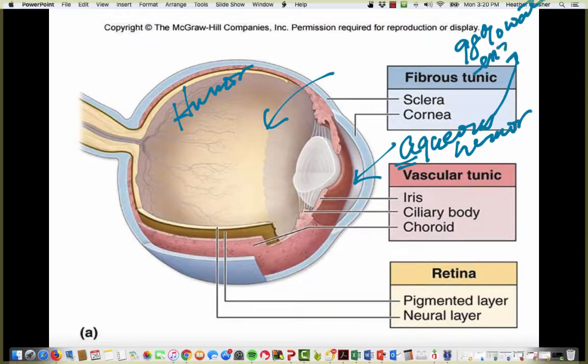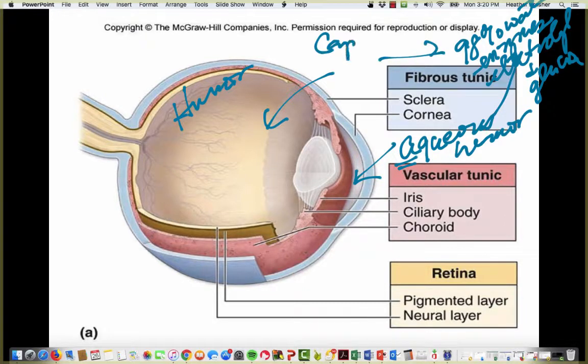And the rest are enzymes, electrolytes, and sugar. They're continuously produced by these things called ciliary bodies. And it's important because that's what's nourishing the part of the eye that doesn't have any blood that goes to it, otherwise known as avascular, and it helps maintain the pressure.